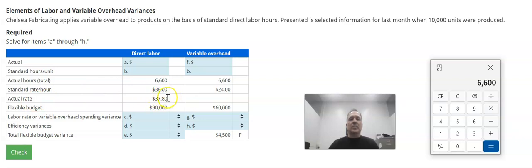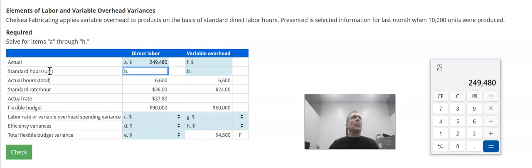This is what they actually paid for those 6,600 hours. That gives us 249,480. Okay.